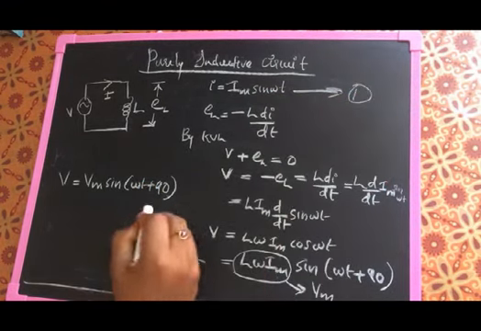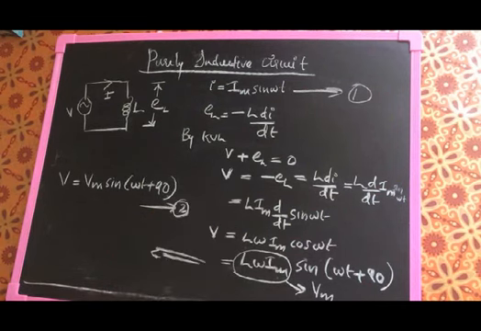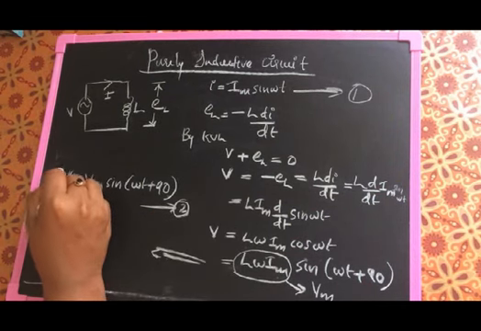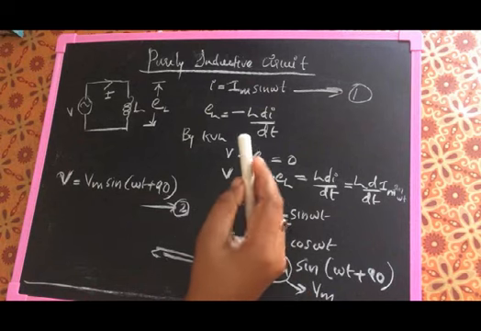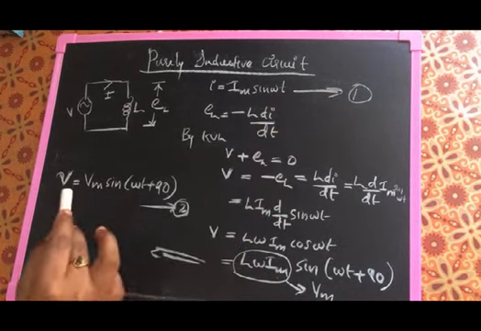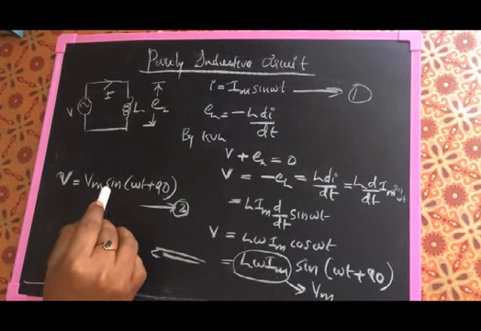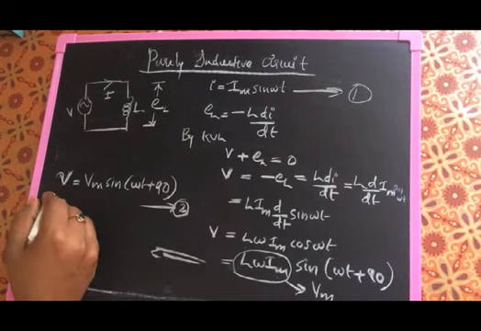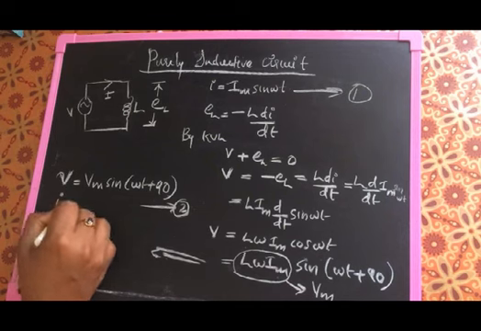So let's call this equation 1 and this equation 2. This is small letter v. So in a purely inductive circuit, what is the equation of current? i = Im sin omega t and v = Vm sin(omega t + 90 degree).